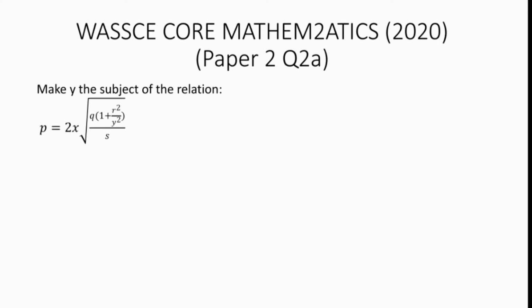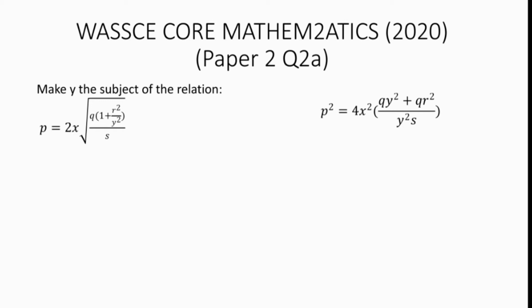Our first step will be to get rid of the square root sign, and this can be done by squaring both sides of the equal sign, of which the result will be p squared equals 4x squared, bracket open, a fraction with numerator ky squared plus qr squared and denominator y squared s, bracket closed.